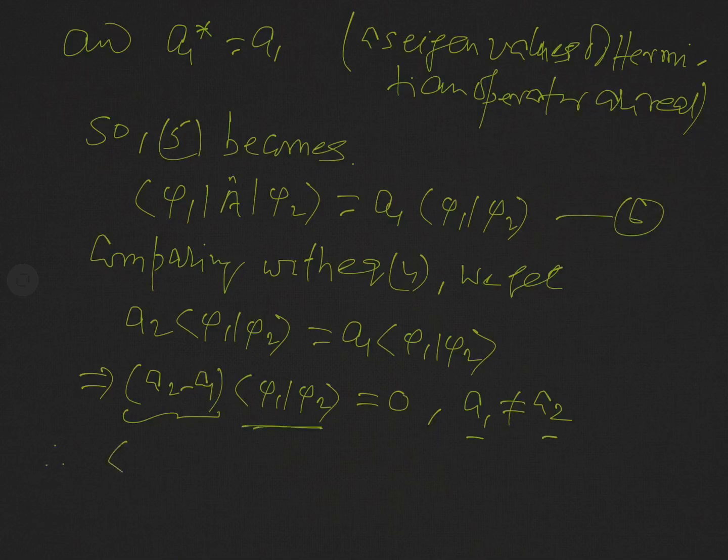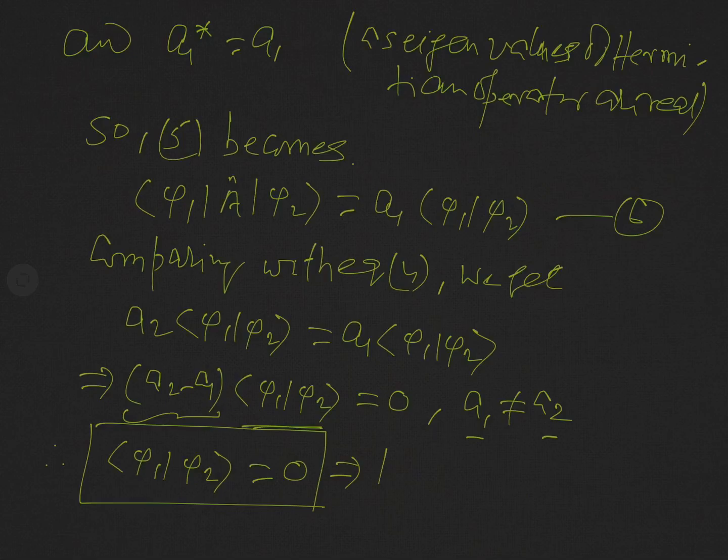So therefore we get that the product of phi 1 and phi 2 is equal to 0. And this was to be proved: as the scalar product of these two eigenfunctions is 0, we can say that ket phi 1 and ket phi 2 are orthogonal to each other.